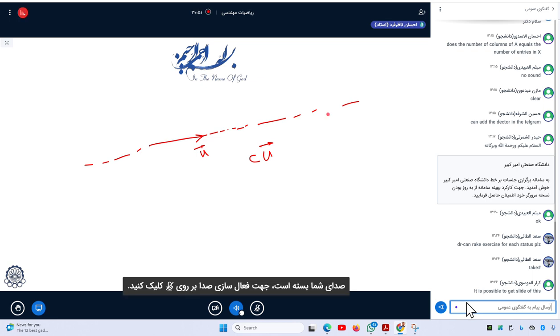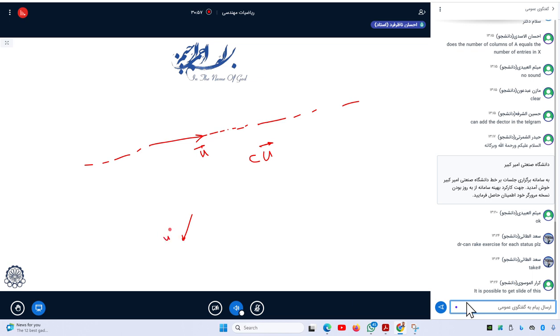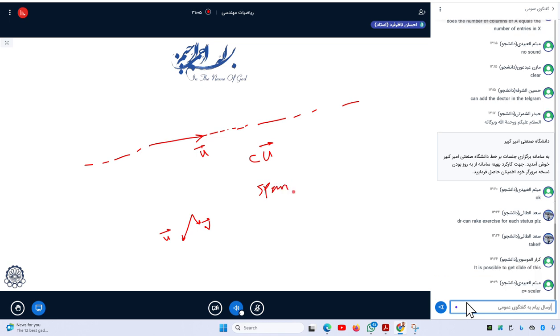And for instance, if we have two vectors like u and v, what would be the span of u and v? Look at this space.